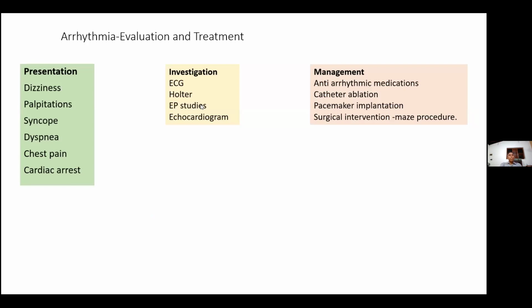Arrhythmia evaluation and treatment: as I have mentioned, they can present with dizziness, palpitation, syncope, dyspnea, chest pain, and it can be cardiac arrest. Investigation-wise, ECG is a must. Once the patient is stable, or while in the hospital, you can put them on a Holter.